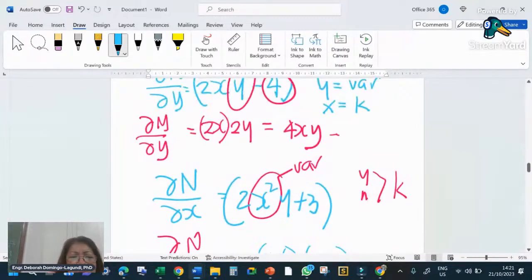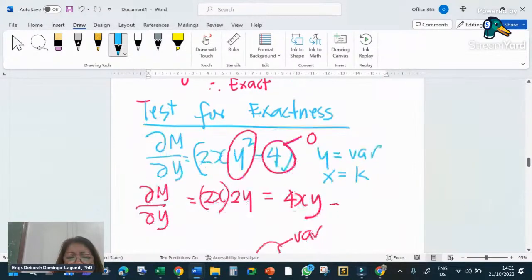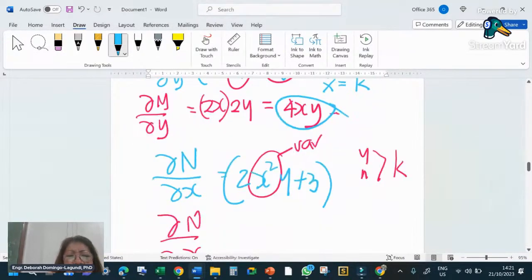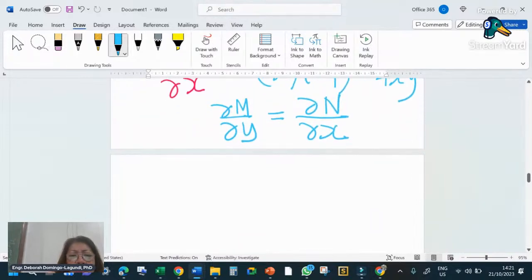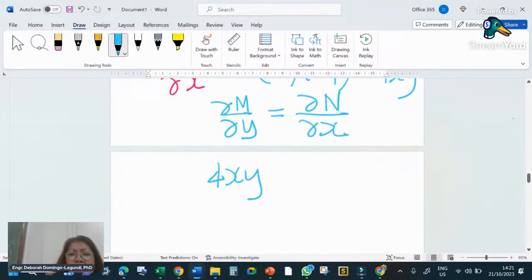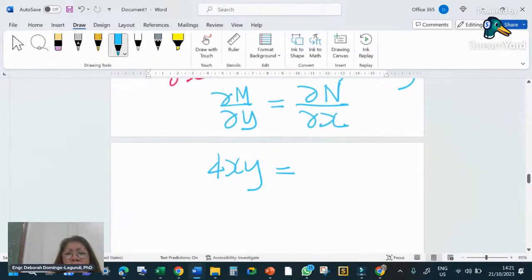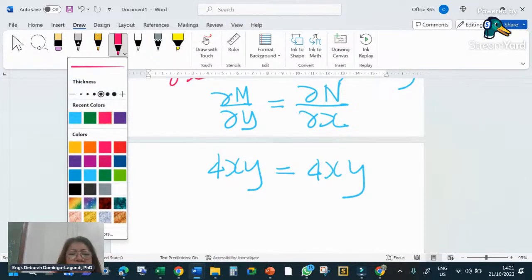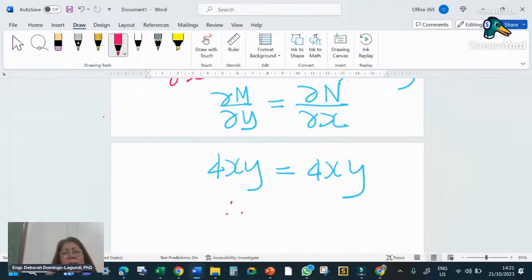And we got for partial m that is 4xy, 4xy is equal to 4xy. Therefore, if they are equal, then we say they can be an exact differential equations.